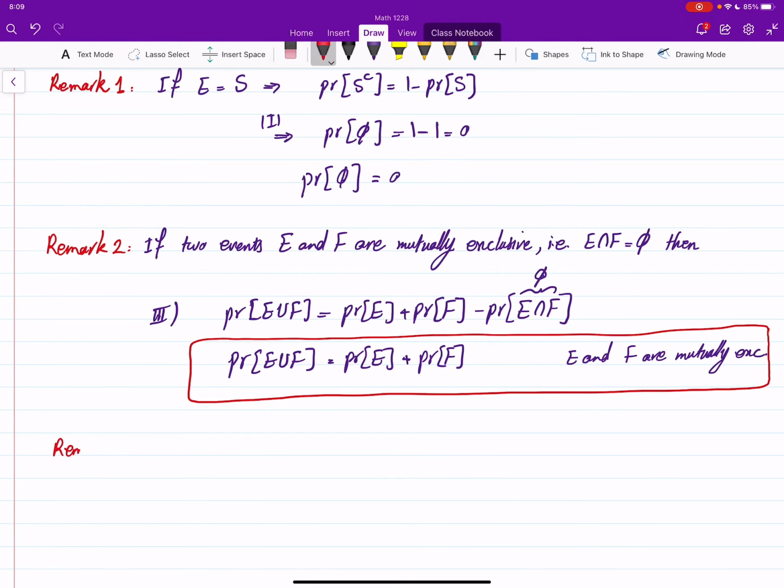And the last remark that I have here for you is, for any two events E and F, you can easily see that E intersect F and E intersect F complement are mutually exclusive.